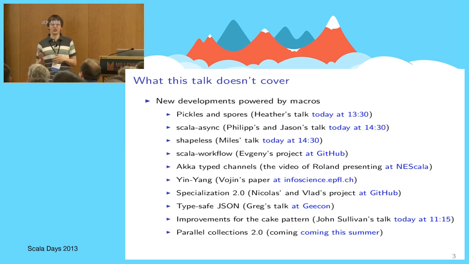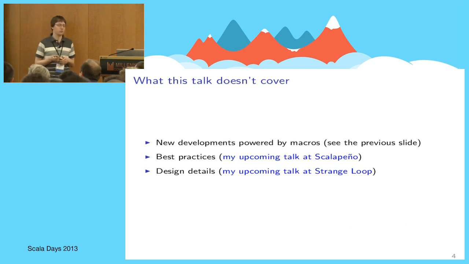There are a lot of cool things there, and unfortunately, I won't be able to do this today. I encourage you to take a look at the slides, go to the hyperlinks and see what people use macros for. Right after the talk, I'll publish the slides and tweet the link. You can Google me up. Okay, so new developments powered by macros are out of scope.